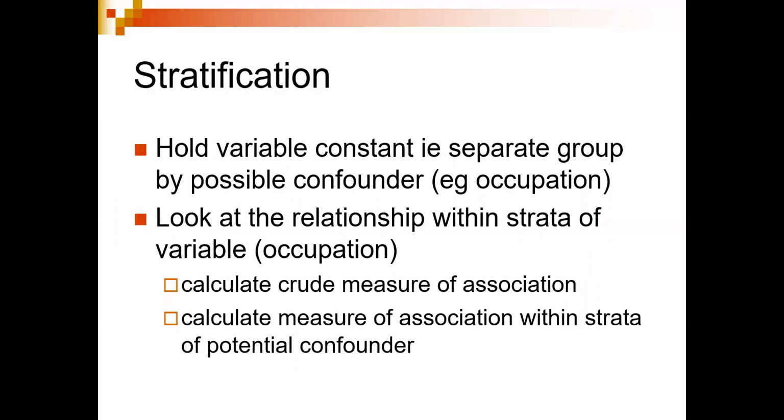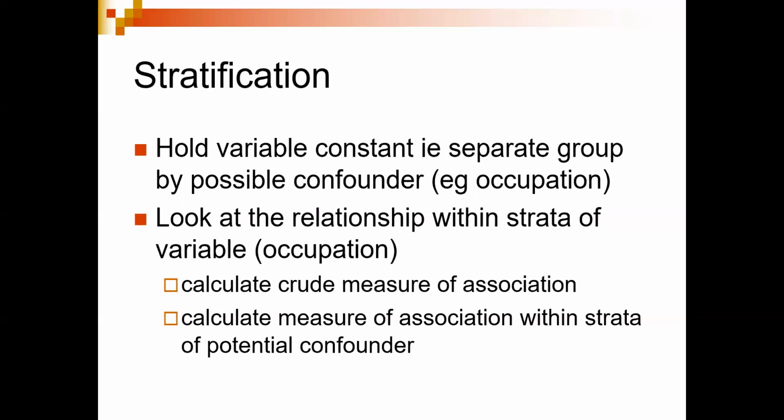Then, as I explained, by stratification, I'm going to give you an example. How do you do it by stratification? You are just stratifying now, and doing your analysis or assessing your measures of association by strata.